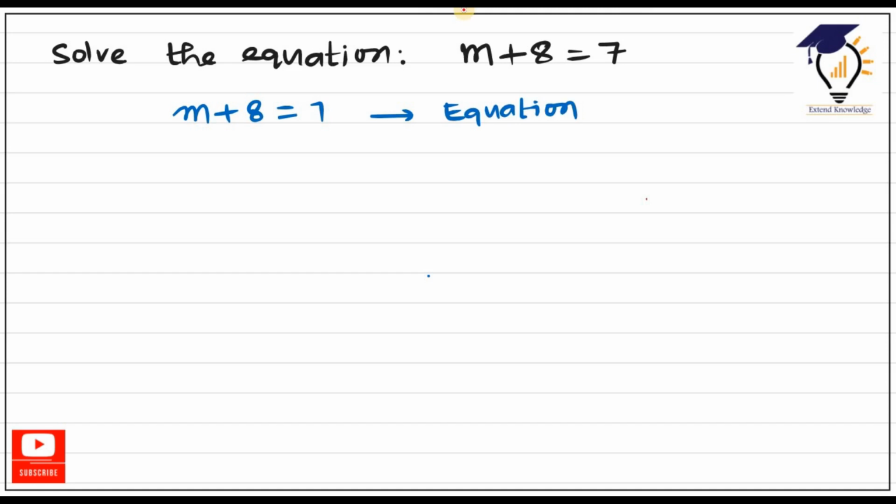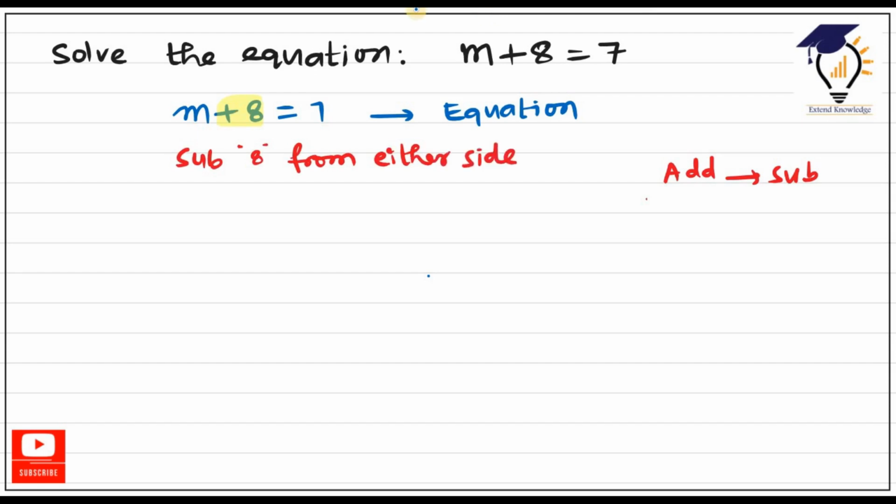I am trying to remove plus 8 from this side so that I can get the variable in the equation, which is m. The undo operation of addition is subtraction, the opposite operation. So I subtract 8 from either side.